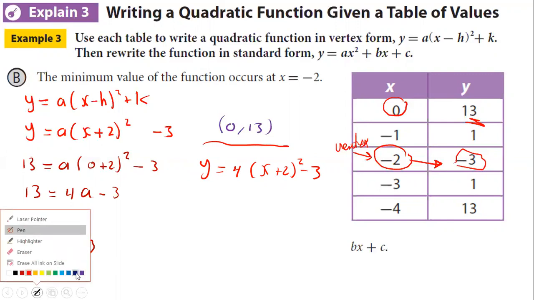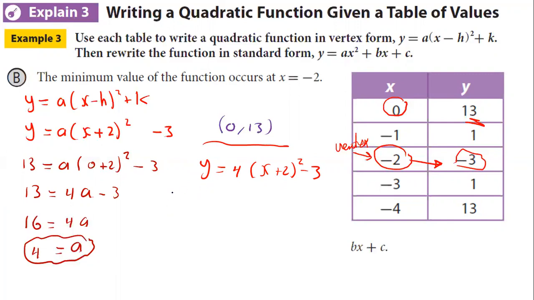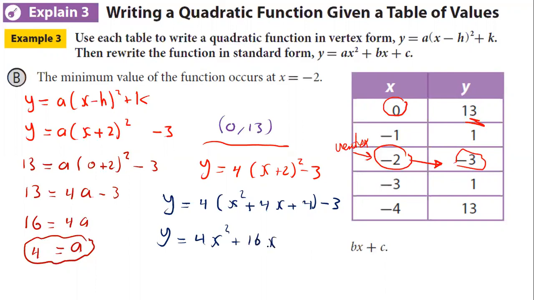We will convert it into standard form. y equals 4 (x squared plus 4x plus 4) minus 3. We will use the distributive property: 4x squared plus 16x plus 16 minus 3.